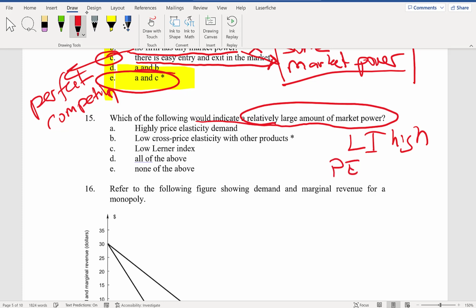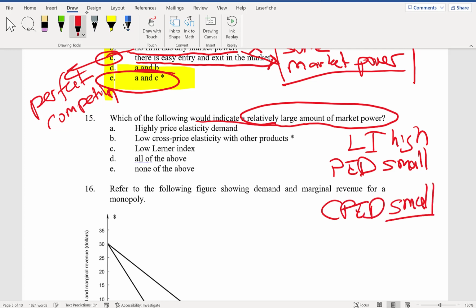Price elasticity of demand needs to be small in absolute value, and cross price elasticity of demand needs to be small, positive and small. So the goods cannot be substitutable. High price elasticity of demand, elastic demand means no market power, so that's eliminated. Low cross price elasticity of demand with other products is the correct one. Low Lerner index, nope, low market power. So correct answer is B.